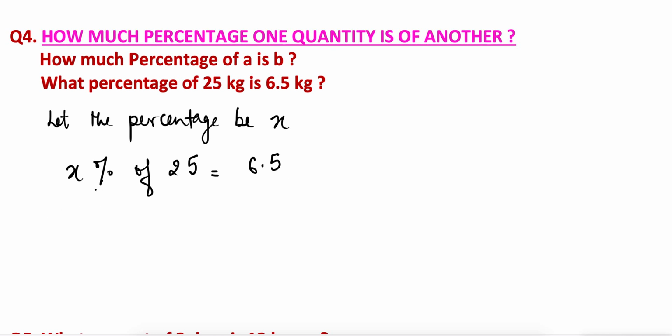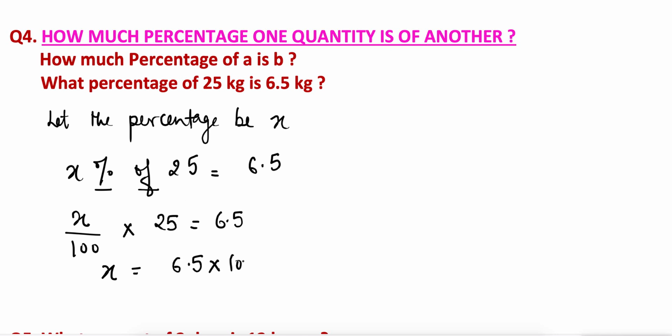We'll remove the percentage and the "of" sign. To remove the percentage sign, we'll divide by 100, and to remove "of", we'll put the multiplication sign, x by 100 multiplied by 25 is equal to 6.5. Now here x is the variable. So to find x, we'll take everything on the right hand side: 6.5 multiplied by 100 divided by 25.